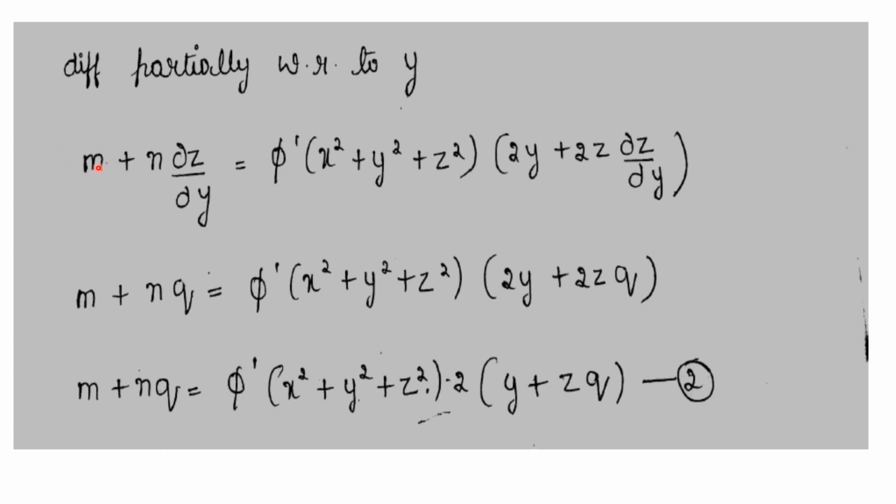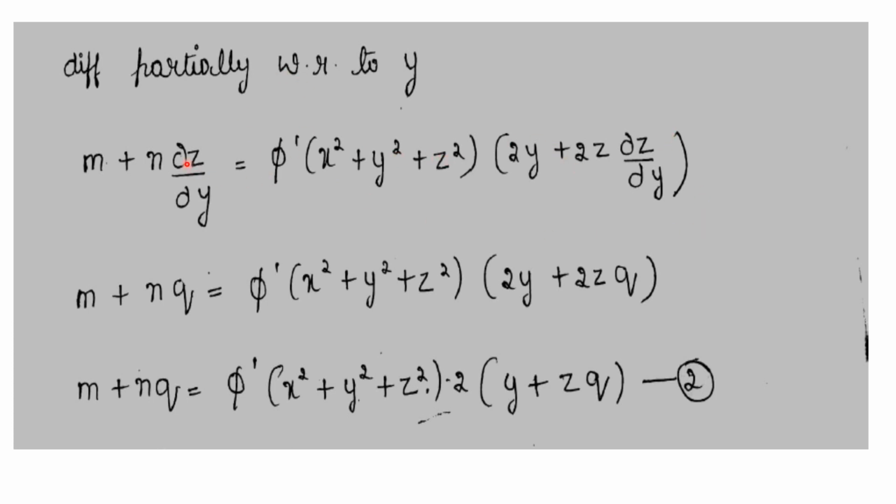Next, differentiation of my with respect to y is m plus n into differentiation of z with respect to y, which is dou z by dou y, equal to differentiation of phi of x square plus y square plus z square, which is phi dash of x square plus y square plus z square into differentiation of x square is 0, y square is 2y, z square is 2z into dou z by dou y.